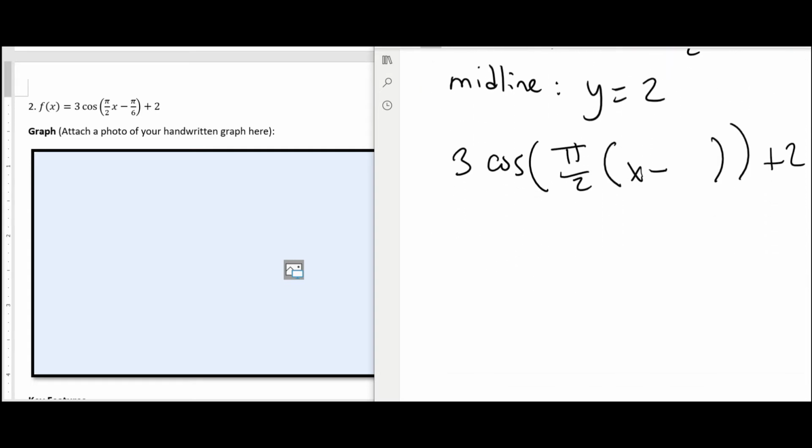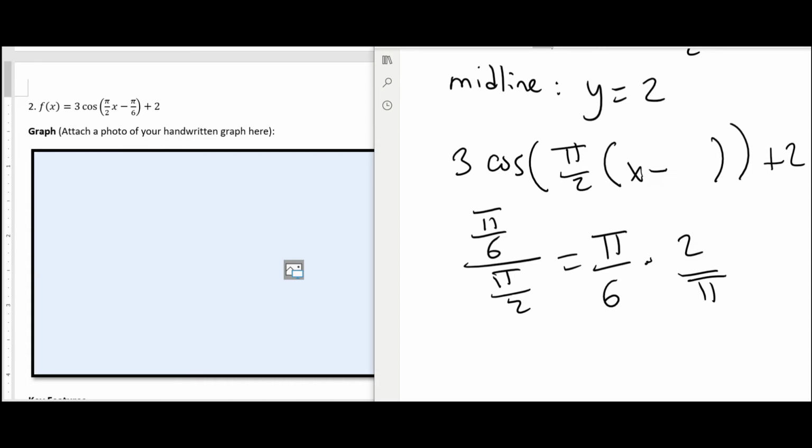Okay, so let's do that off to the side. Pi over 6 divided by pi over 2. Do the good old KCF. Keep, change, and then flip. So that cancels. And then this is 2 over 6, which reduces to 1 over 3. Okay, so it's going to be 1/3.